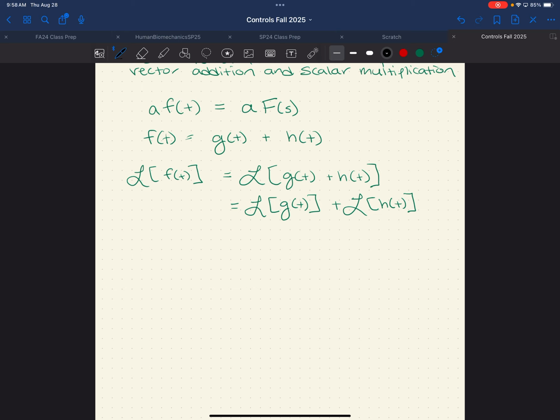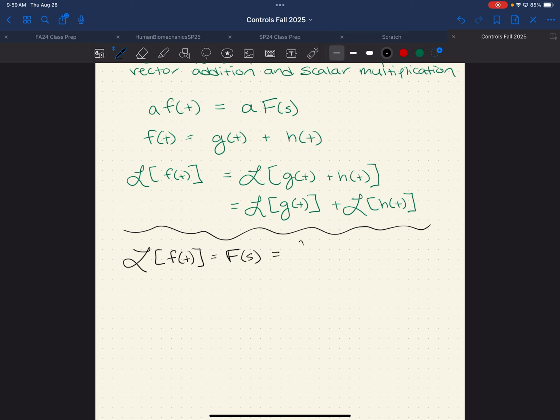So here's the real, actual definition of the Laplace transform. The Laplace transform of some f of t, some function of time, we will represent as the uppercase of that same function. So whatever variable we use for the function, we just make it uppercase to denote that it has been Laplace transformed.